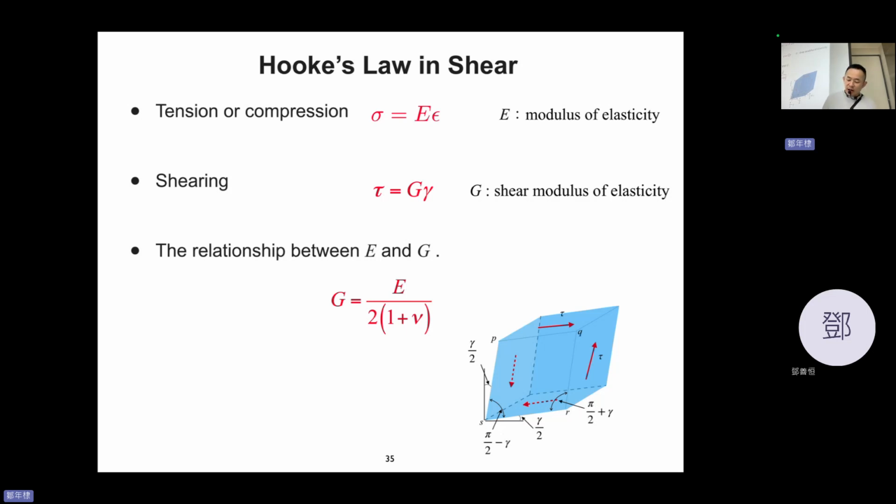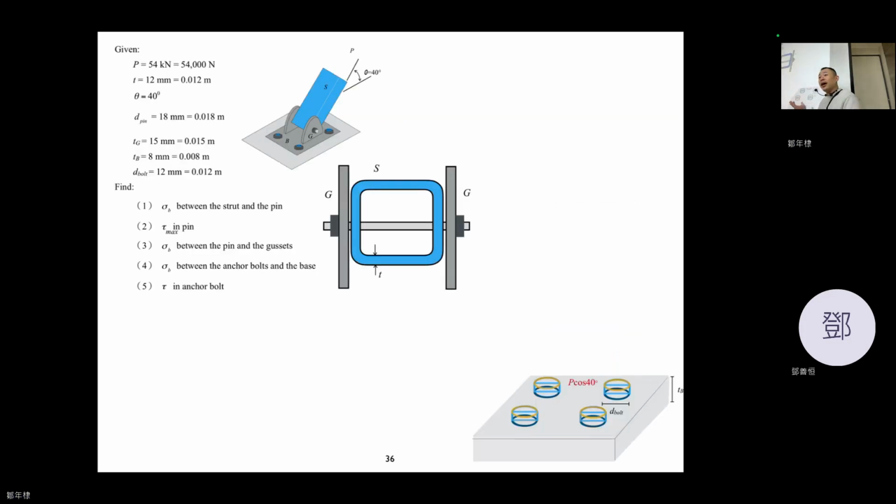Next one, a very classic problem. Let's take a look. Now you have a system. The system has a strut.